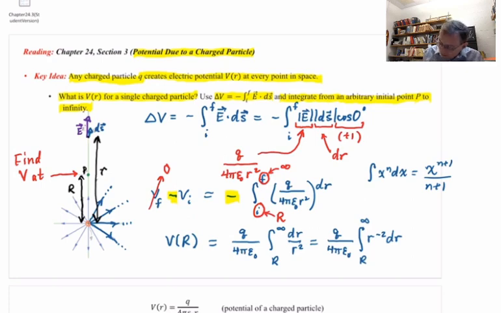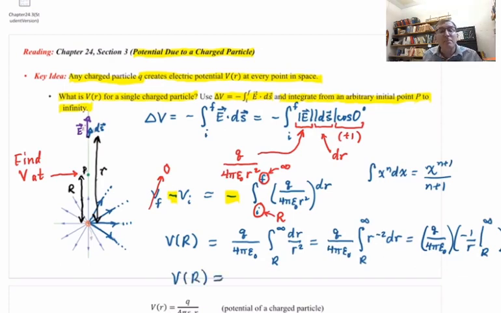So let's see what we've got then. Q over 4 pi epsilon 0, negative 1 over little r. In other words, little r to the minus 1 over minus 1, with the limits from big R to infinity. And I think I just have room here to fit this in.